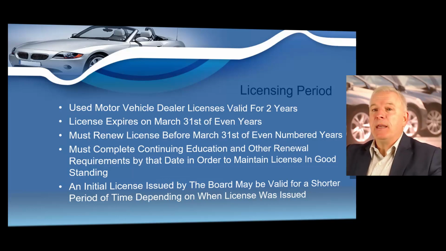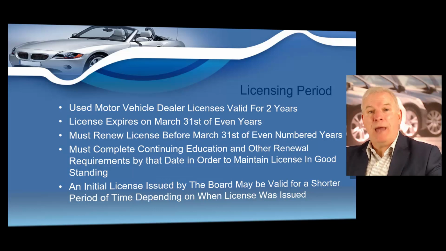Remember, you must complete continuing education and all other renewal requirements by that date in order to maintain your dealer license in good standing. When you are applying for your license for the first time, the initial license issued by the board may be valid for a shorter period of time depending on when your license was issued. So let's say, for example, your license is going to expire on March 31st of an even year, and maybe you applied for your license in June of an odd year.